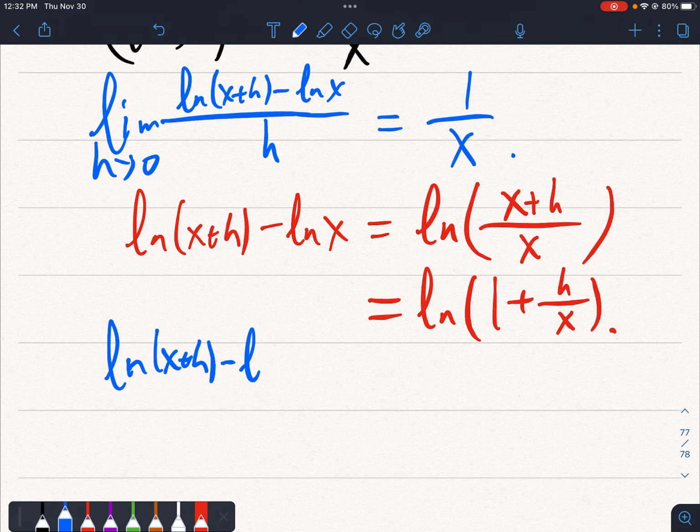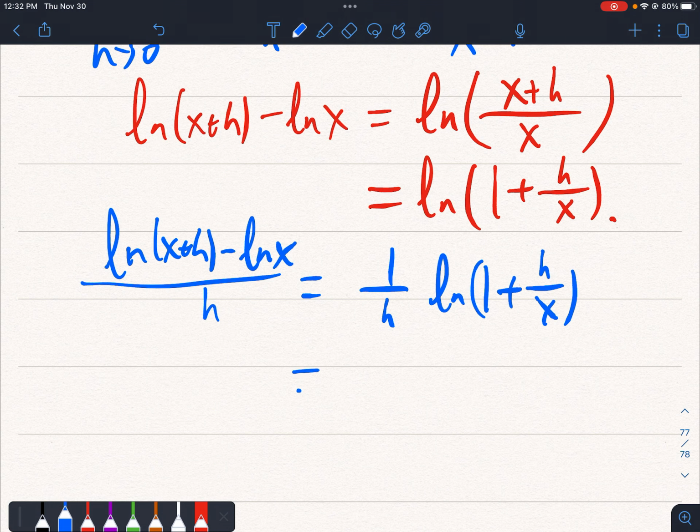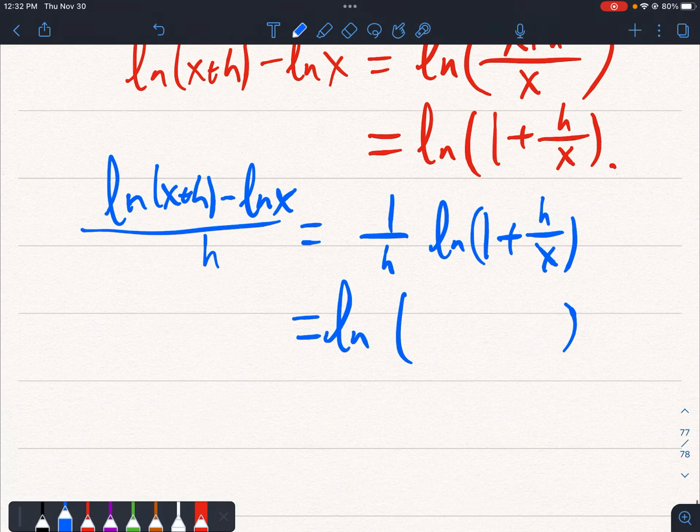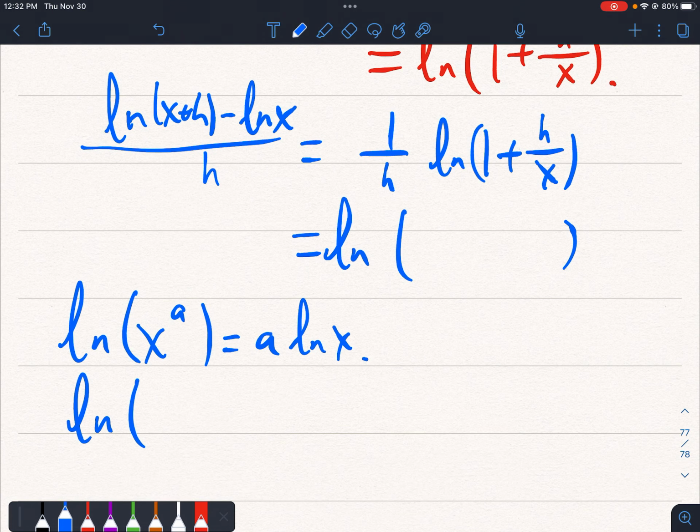So now let me put it in this way. The ln of x plus h minus the ln of x, divided by h, is going to be 1 over h times ln of 1 plus h over x. And then you can write this using the rule that ln of x to some power a is equal to a times the ln of x.